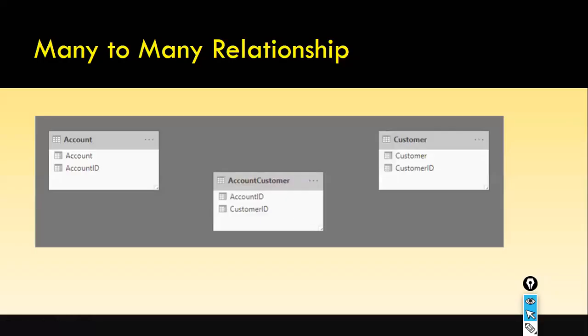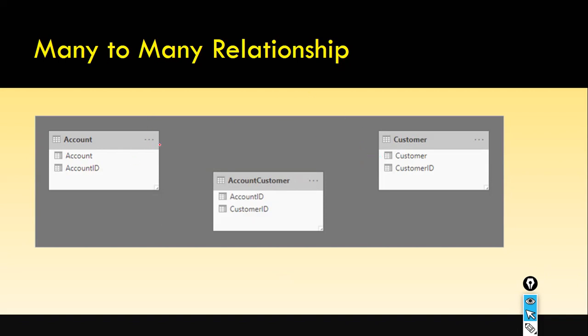For example, we have an account table and a customer table. In the case of a bank, we have customers and accounts tables.